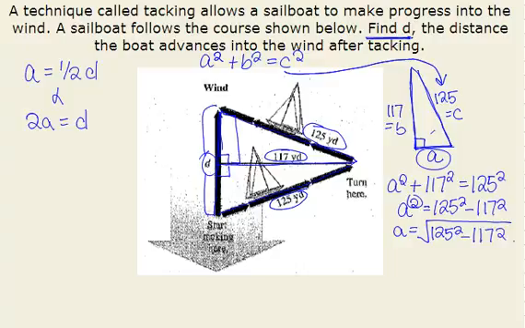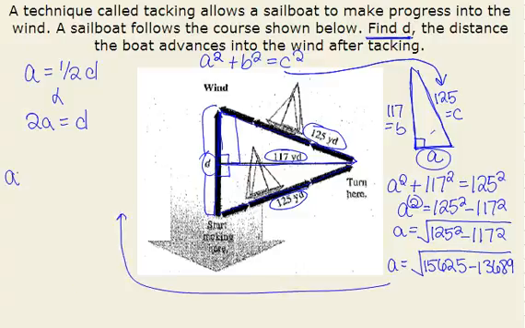So first I'm going to fill in these numbers here. A is equal to the square root of 125 squared, which gives us 15,625, minus 117 squared, which gives us 13,689. So A, we're going to start writing over here now.